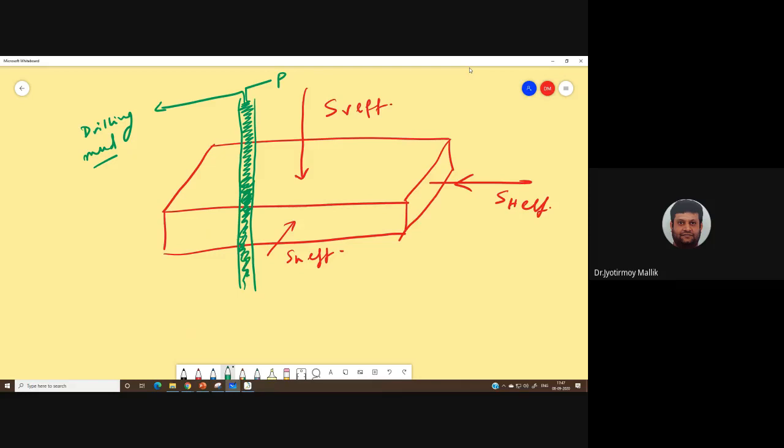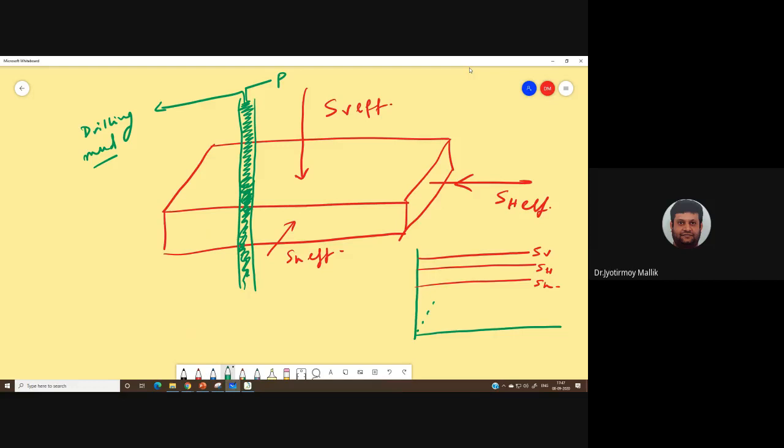Now I'm trying to draw something. So suppose here is SV or SV effective, doesn't really matter, S capital H and S small h. And slowly I am increasing the pressure in the well.